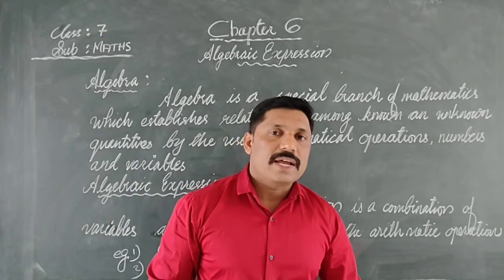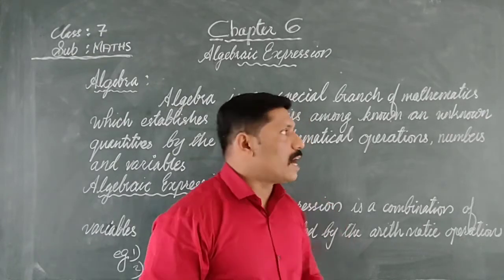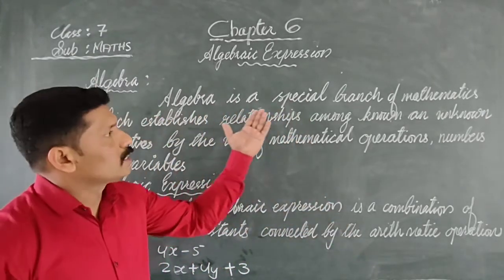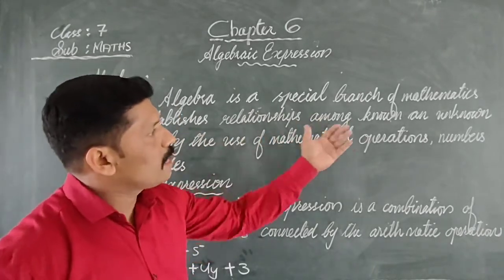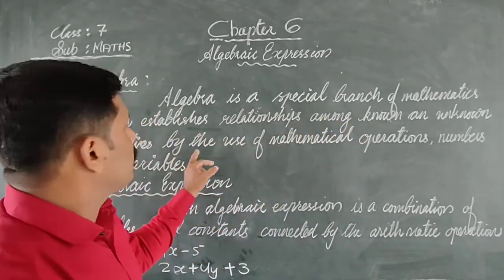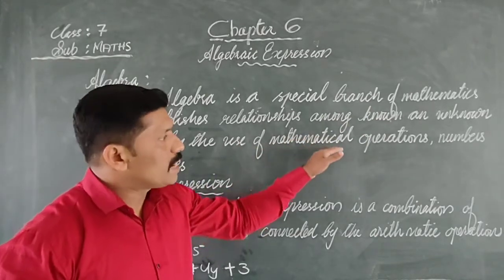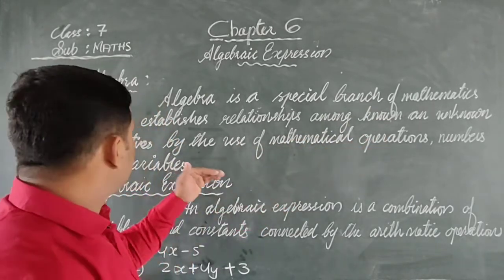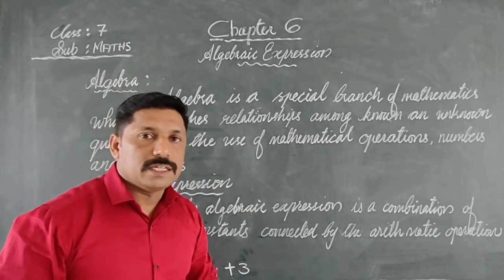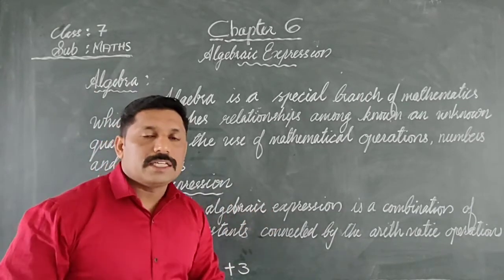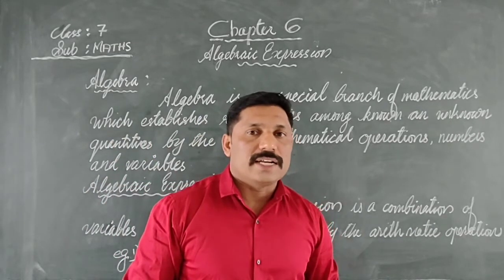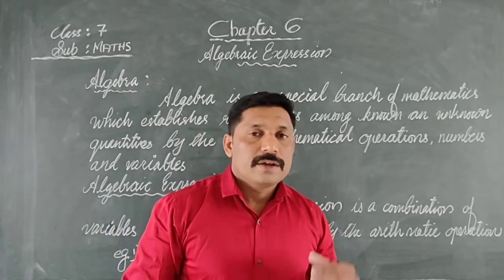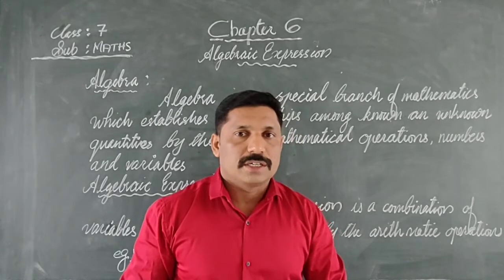So what is an algebraic expression? I told you algebra is a special branch of mathematics which establishes the relationship among known and unknown quantities by the use of mathematical operations, numbers and variables. And what is an algebraic expression? Actually, an algebraic expression is a combination of variables and constants.